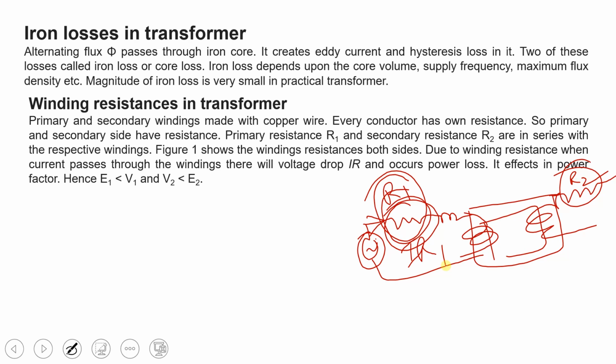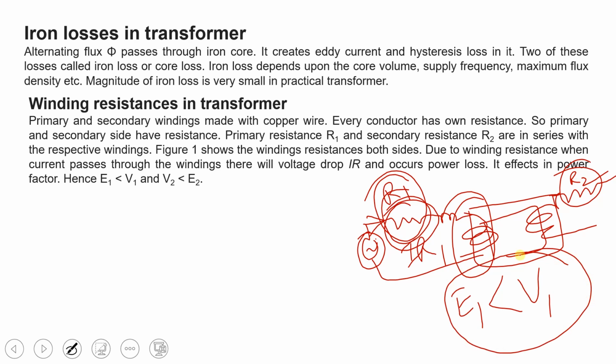Hence E1, the induced voltage across the primary, is less than the applied voltage. This is the explanation of why E1 is less than V1: there is a voltage drop due to the resistance of the windings.